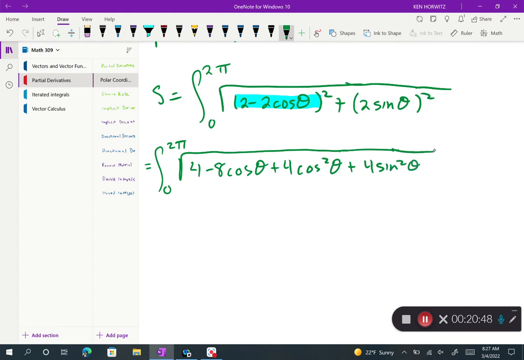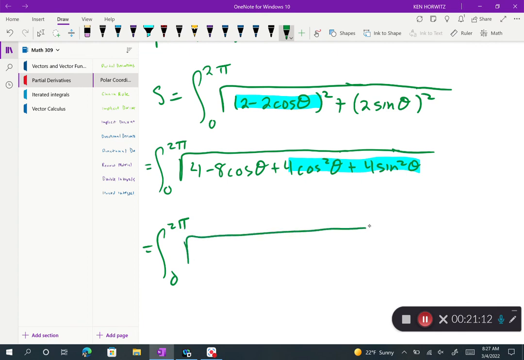All right. So now, what do I see? Well, over here, I have a common factor of 4. So I'm going to leave the other two alone, 4 minus 8 cosine theta plus 4 times cosine squared theta plus sine squared theta.